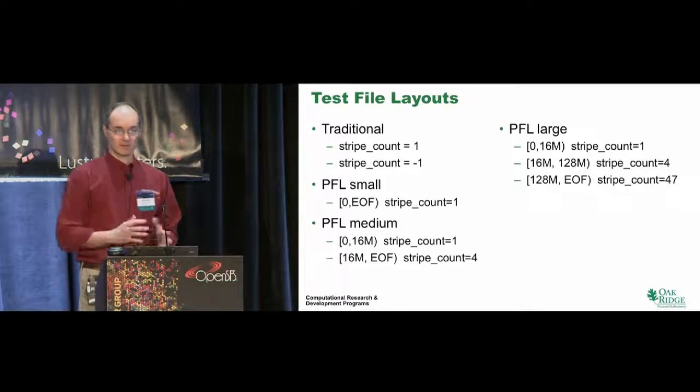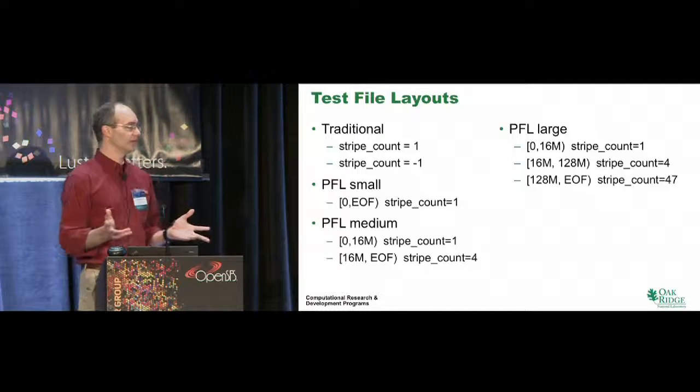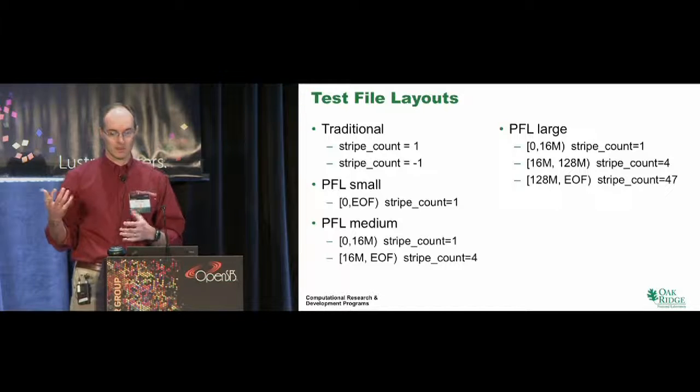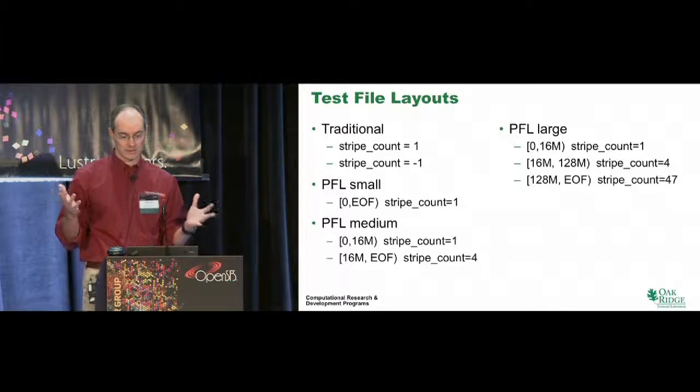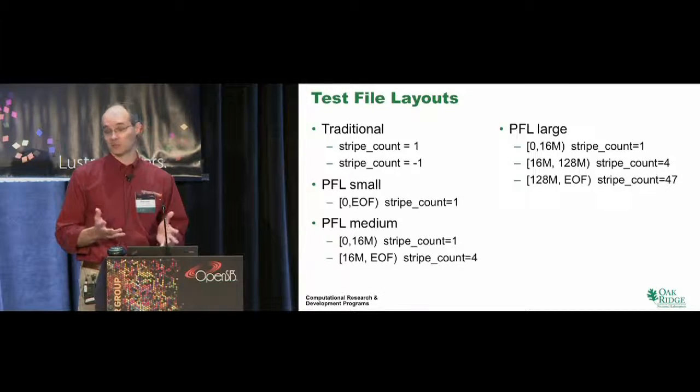The test layouts used included two traditional layouts that represented the extremes: stripe count 1 and stripe count -1, which is all the OSTs in the file system. There was also what they called a PFL small layout, where the entire file was stripe count 1, a single component.